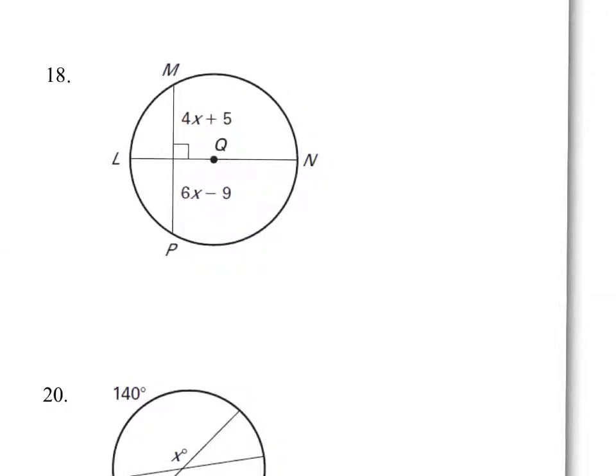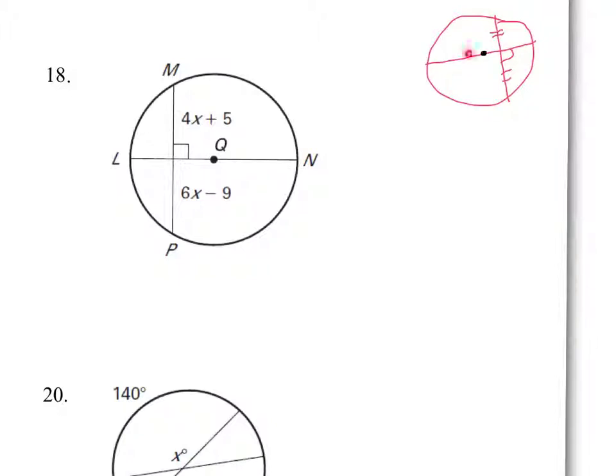All right, number 18, we had 2 theorems that dealt with this situation. Actually, the one theorem that comes to my mind first says that if you have a circle, and if one chord perpendicularly bisects another chord, see how this one is perpendicular and it's bisecting, that would mean that that chord that's doing the bisecting is a diameter.